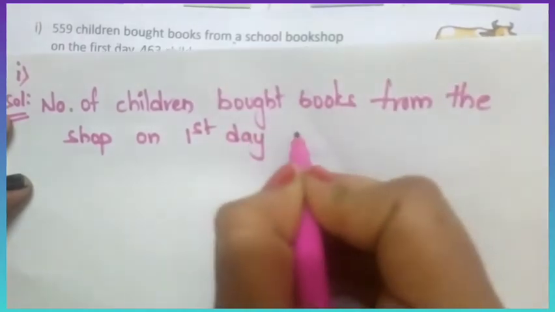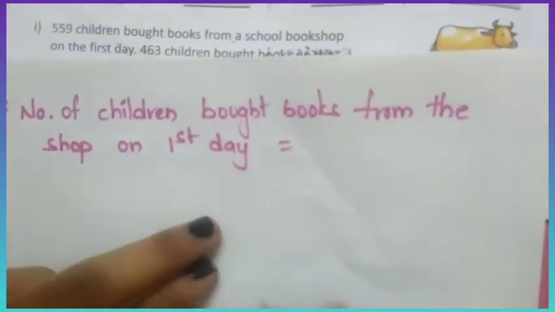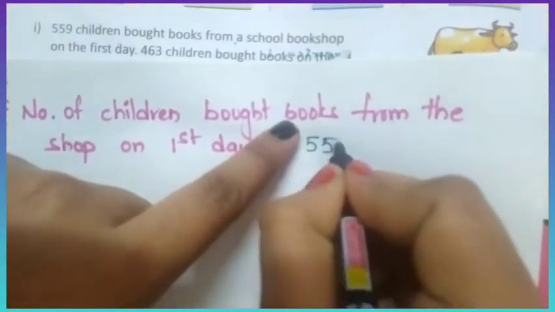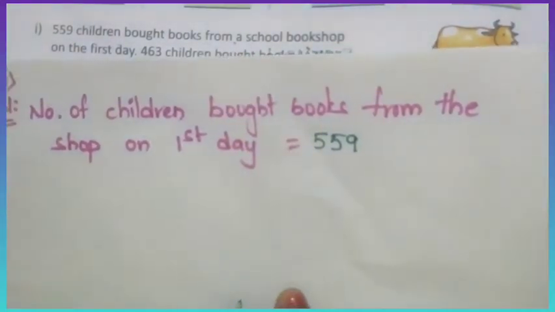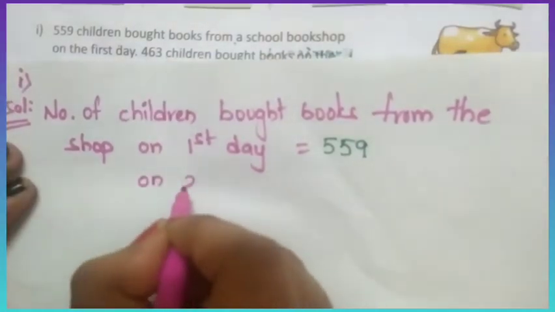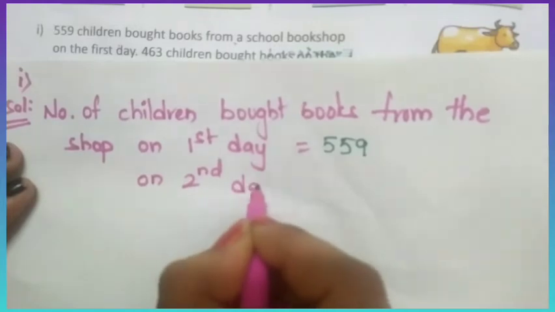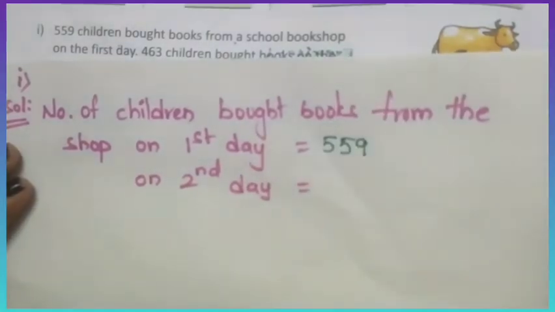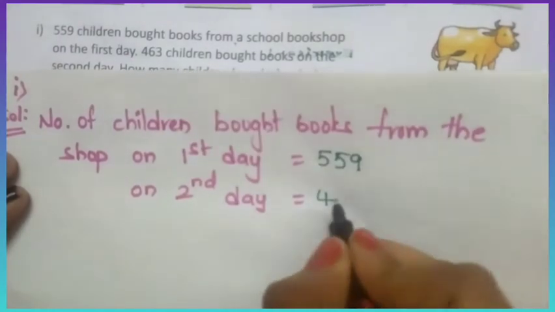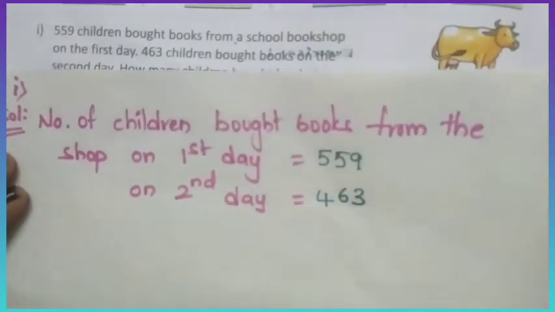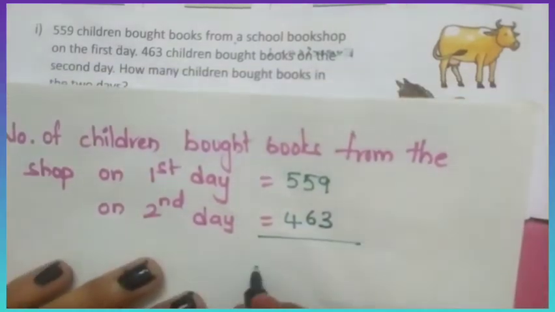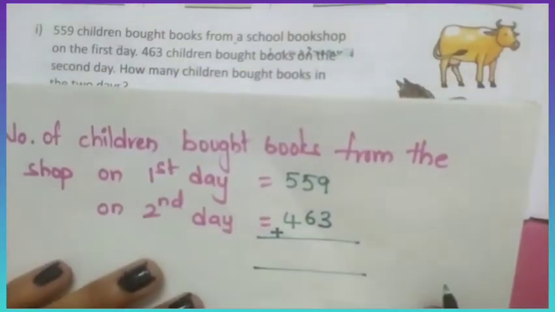How many children bought? 559. Now on the second day, how many children bought on the second day? 463. Now add these two, we'll get the total number of books.